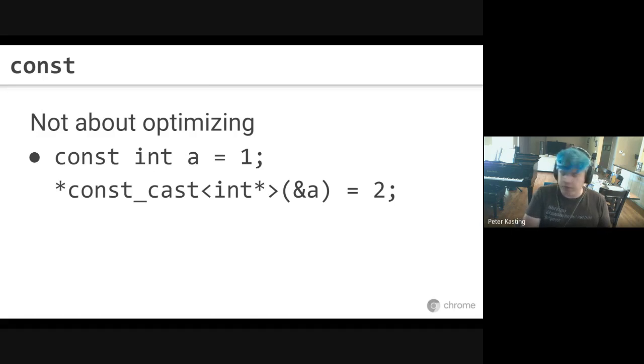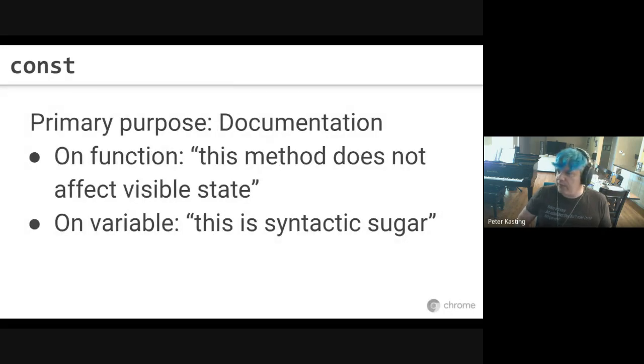It really has other purposes, and I think the primary purpose of const is documentation. Much like with once and repeating callback, you're trying to give the reader information here. So if you put const on a function, what you're trying to say is, this method doesn't affect the visible state of the system, of this object in particular.